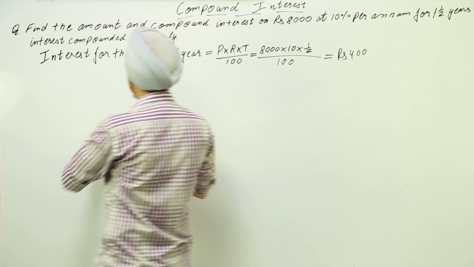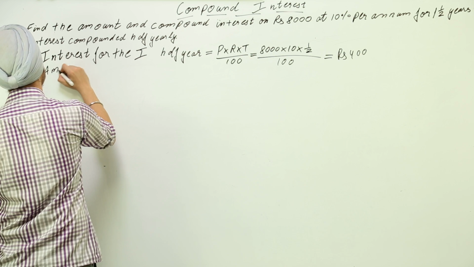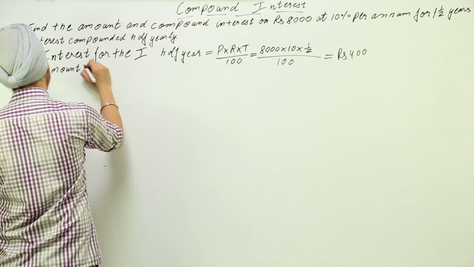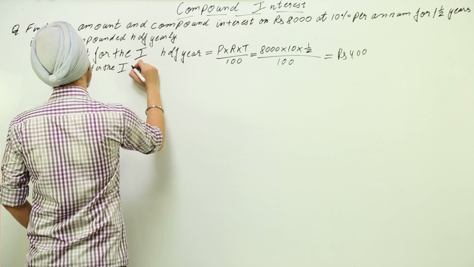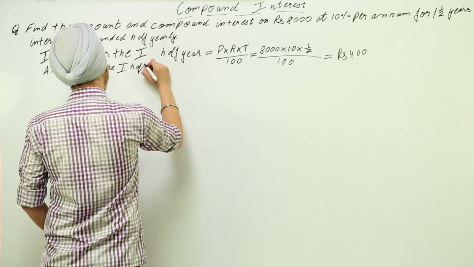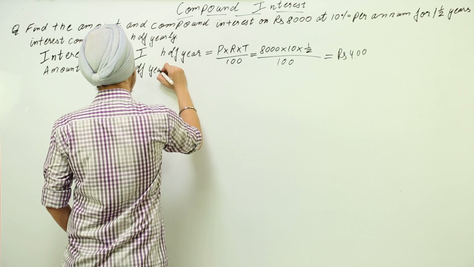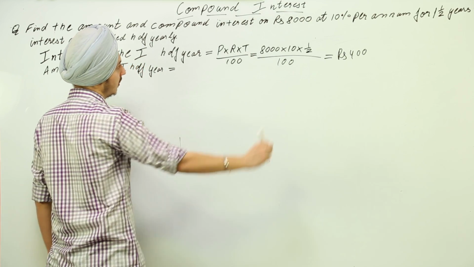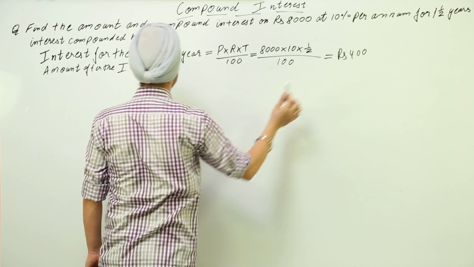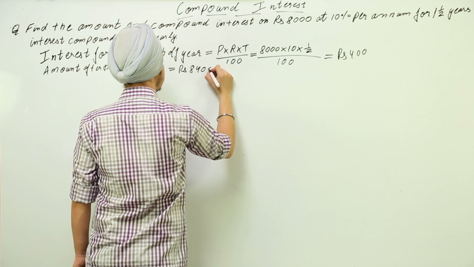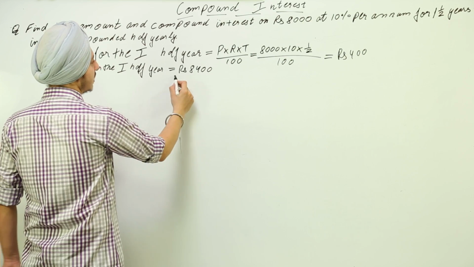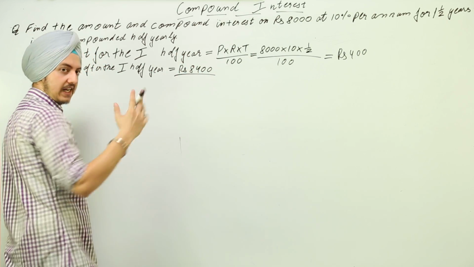Now the amount after the first half year is equal to 8,000 plus 400, that is equal to rupees 8400. Now this amount is also the principal for the second half year.